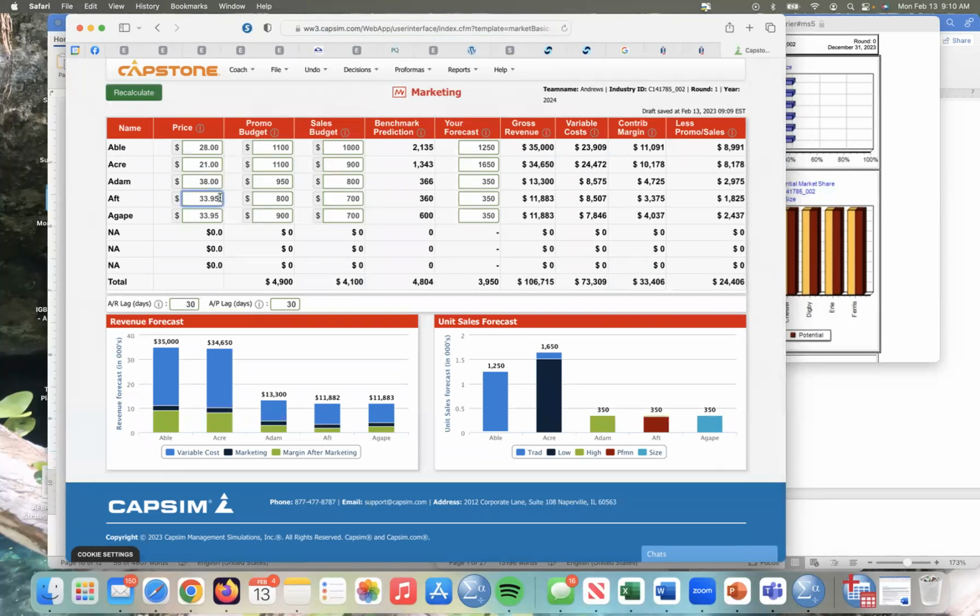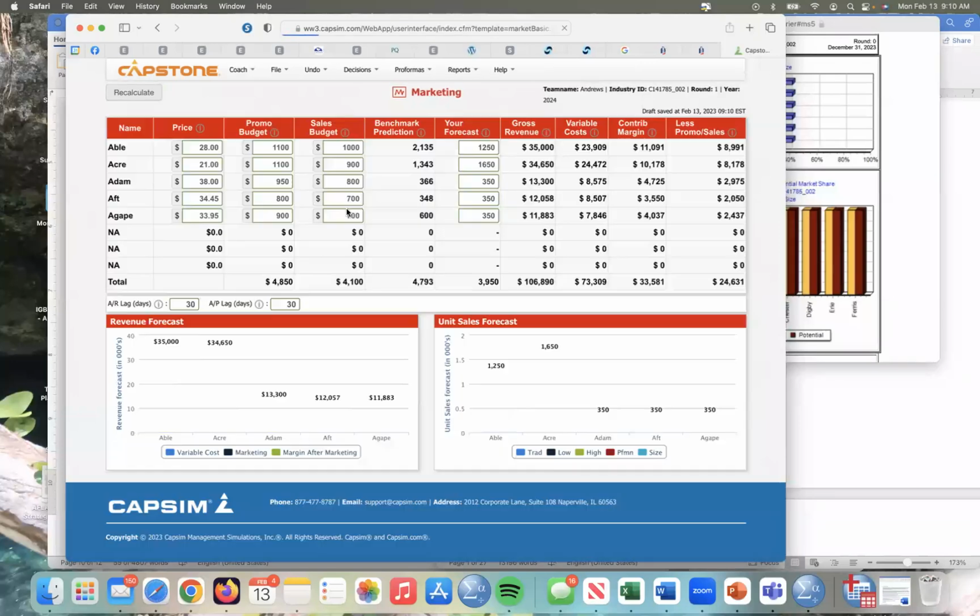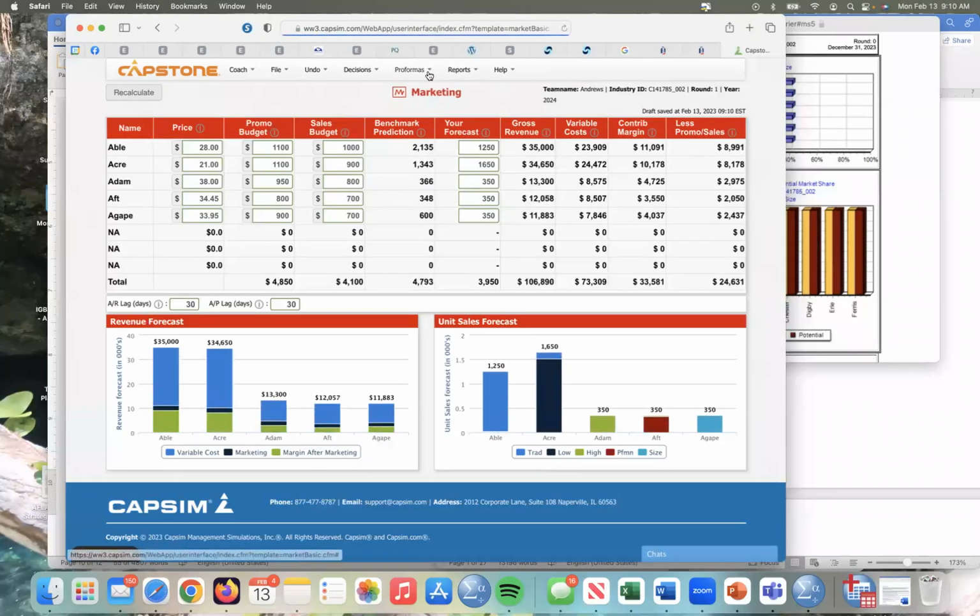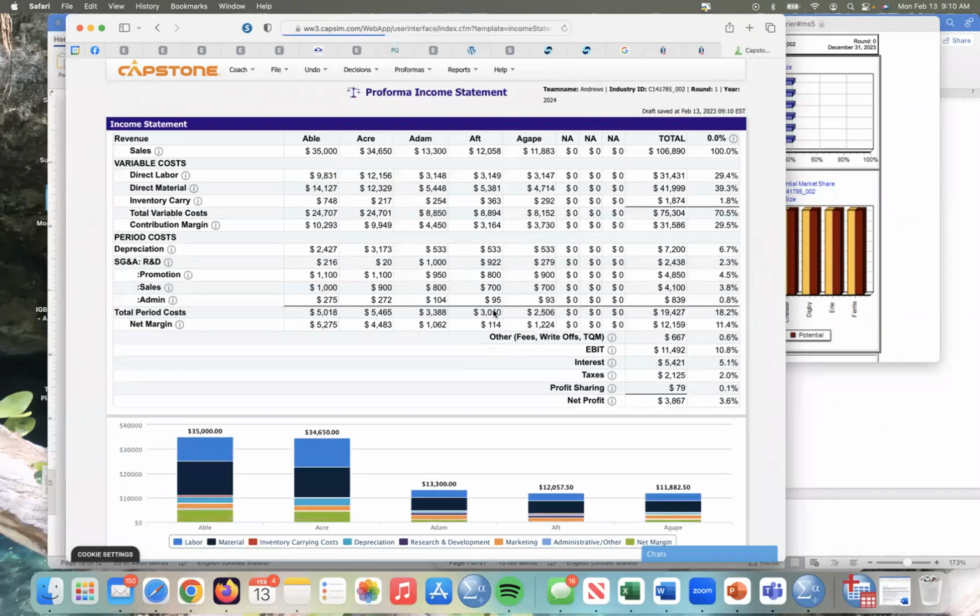So I don't feel comfortable that it's definitely not going to increase my demand, but it's more important that I make the business model work. So when I go back, I am making money now, I'm out of the red. I'm also increasing my net profit.